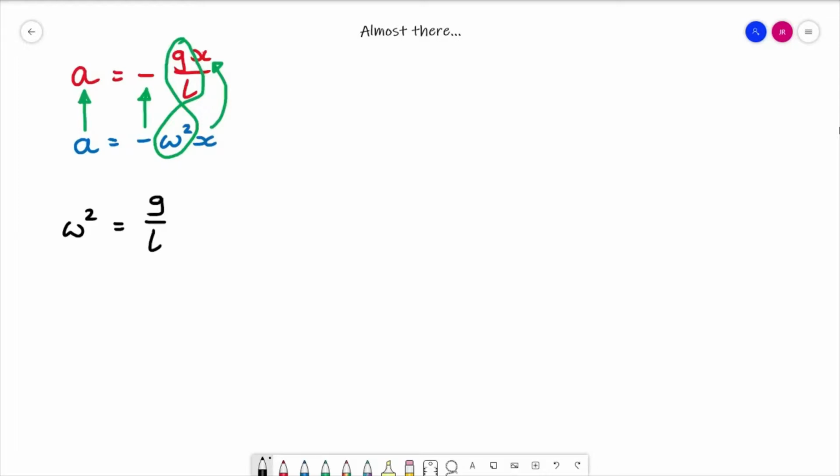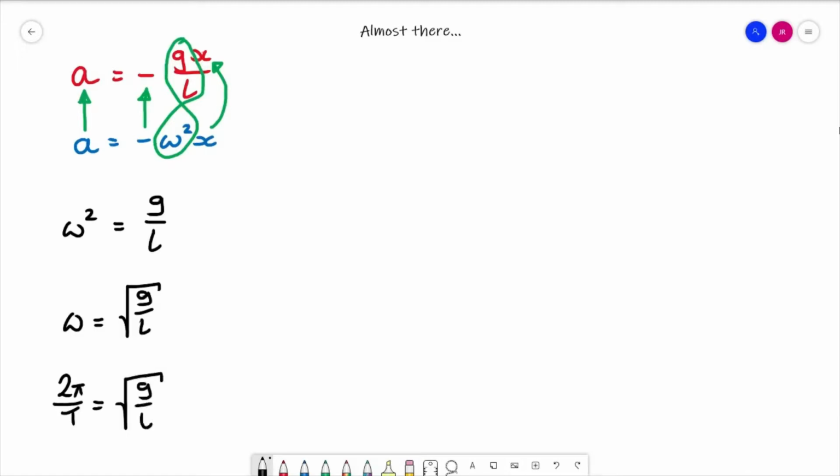The rest of this is now just algebraic manipulation, so we can square root. We can say that omega is equal to the square root of g over L, but then of course we can remember that we substitute in 2 pi over T for omega.